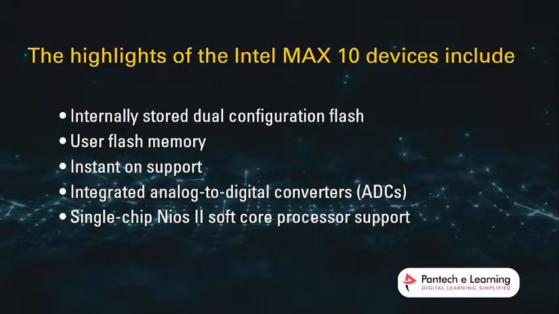SRAM we can only see outside the FPGA, on the PCB, but UFM and CFM are located inside the FPGA. Both are non-volatile in nature. We can access the FPGA at any time even after the off condition. We don't want to flash the code again and again.